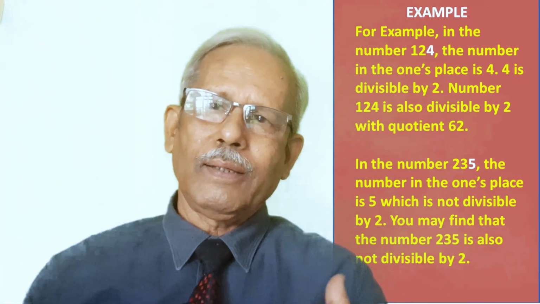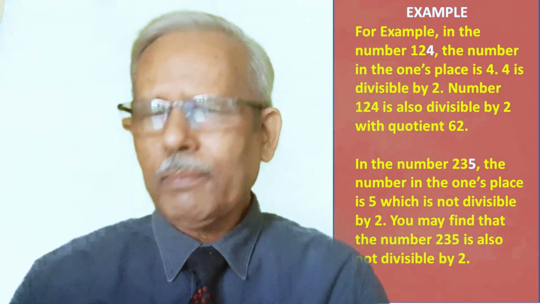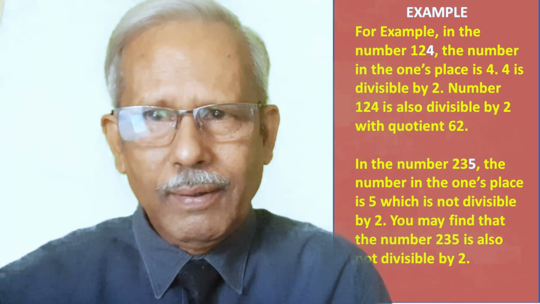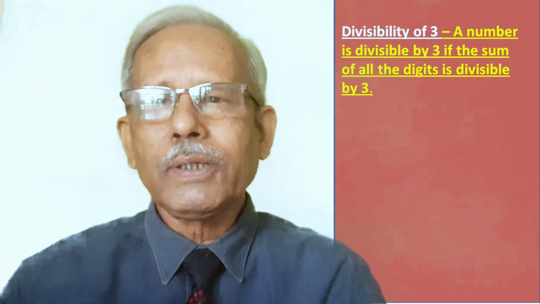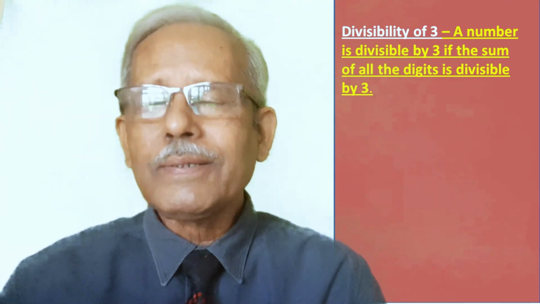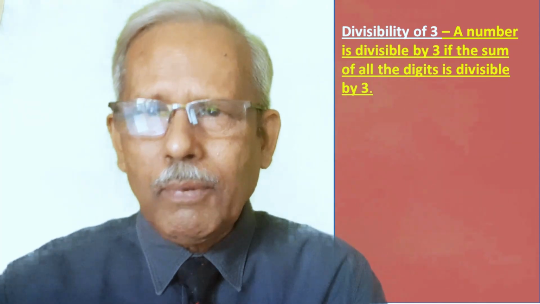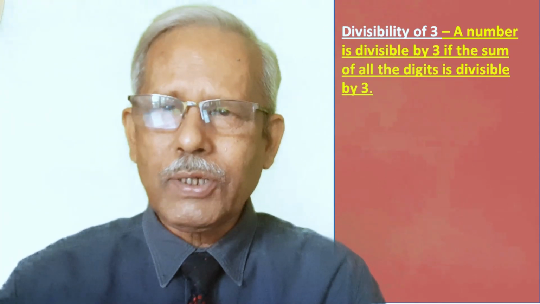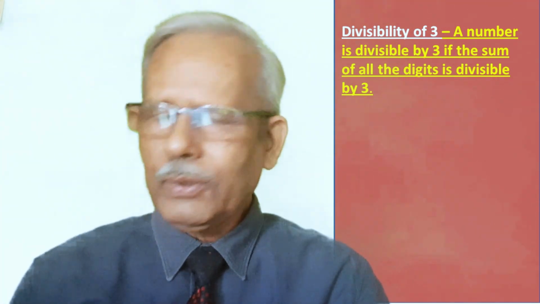Now let us see the divisibility by number 3. It is a little different. A number is divisible by 3 when the sum of its digits is divisible by 3. We take the total of all the digits, and if it is divisible by 3, the number is also divisible by 3.